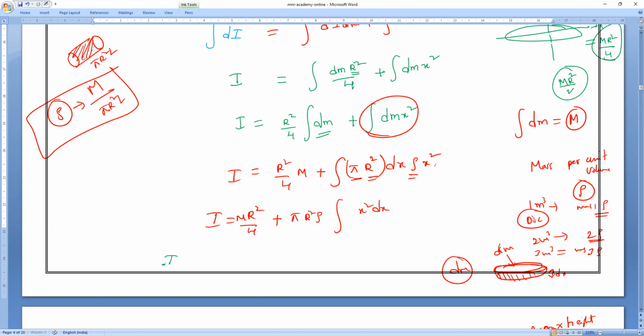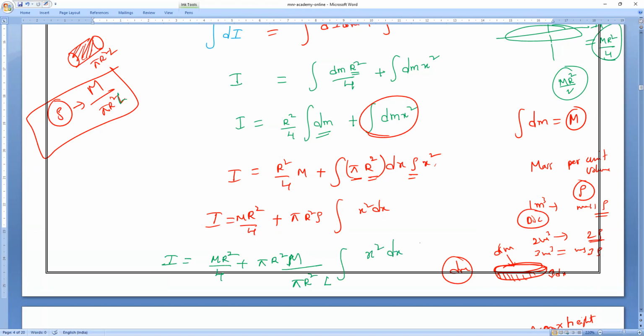So I will replace it: I is equal to MR square by 4 plus pi r square times the rho value, M divided by pi r square L, into integration of x square dx.